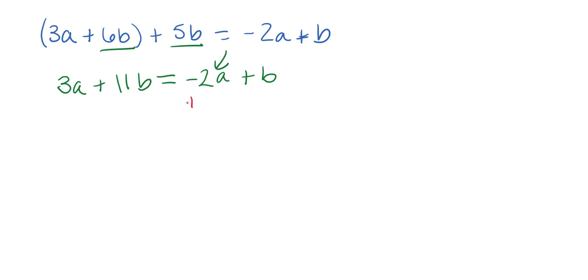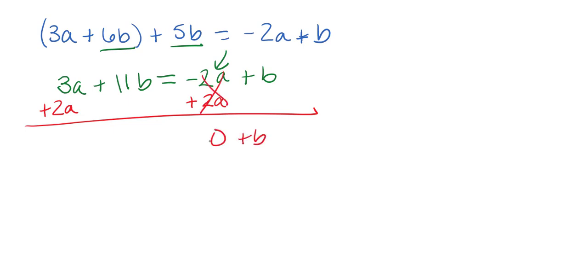So let's add 2a to both sides, because we do the opposite. Negative 2a plus 2a becomes 0, and we're left with b. Let's bring down the 11b plus, now 3a plus 2a is just 5a. So now we have 5a plus 11b equals b.